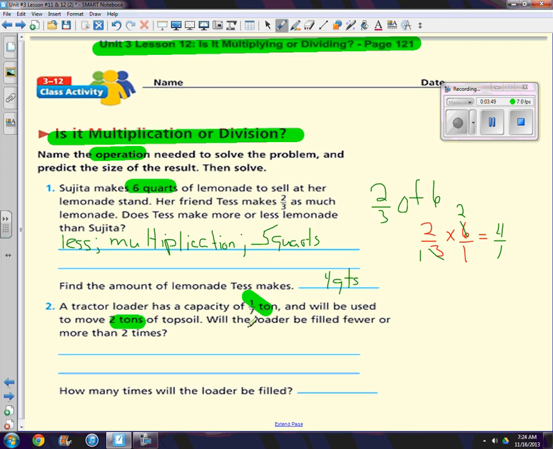So it wants to know how many times your loader will be filled. So 2 divided by 1/7 would give you the number of times 1/7 goes into 2. So will the loader be filled fewer or more than 2 times? Because it holds 1/7, 7 out of 7 would be 1 ton. It would be more times.